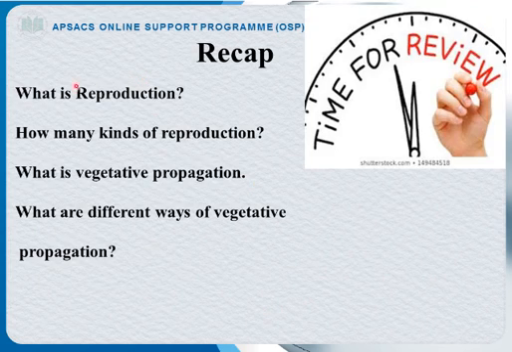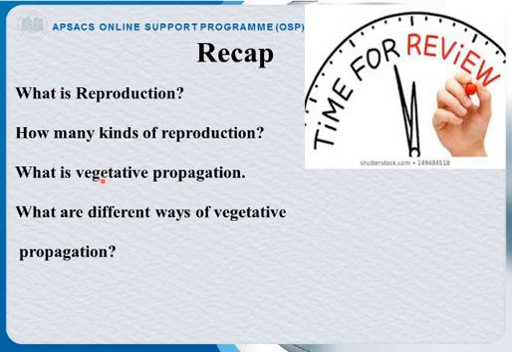Let's recap the lesson. What is reproduction? Students, as you have learned, reproduction is the process by which new organisms are produced. How many kinds of reproduction? There are two kinds: sexual reproduction and asexual reproduction.